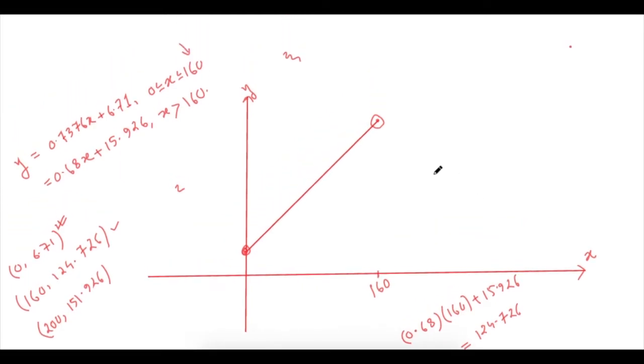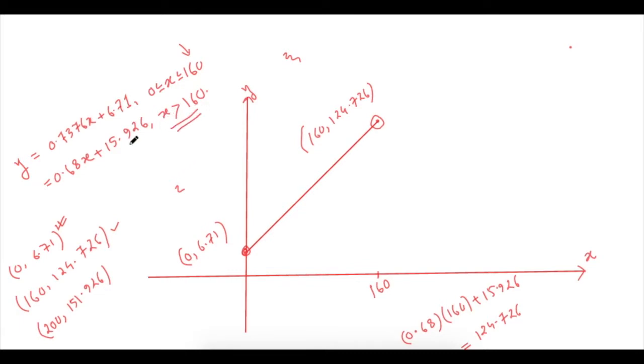So the point where first line ends, the second line will start from that point, and the coordinate of this point is 160, 124.726. The coordinate of this point is 0, 6.71, and the second line will end at infinity.